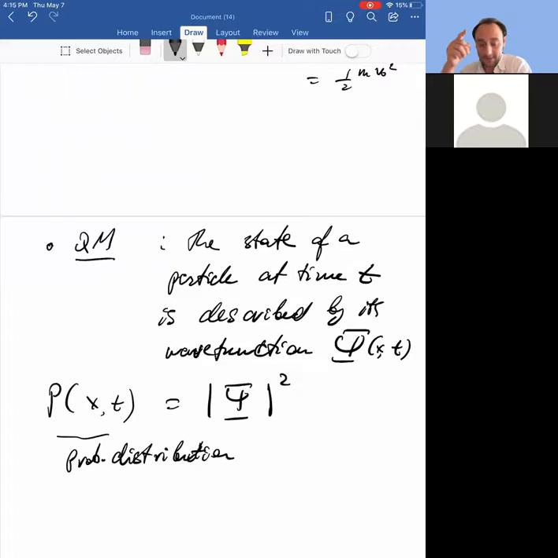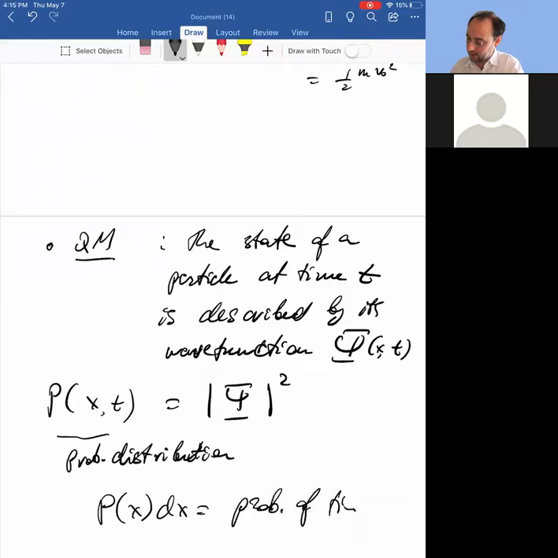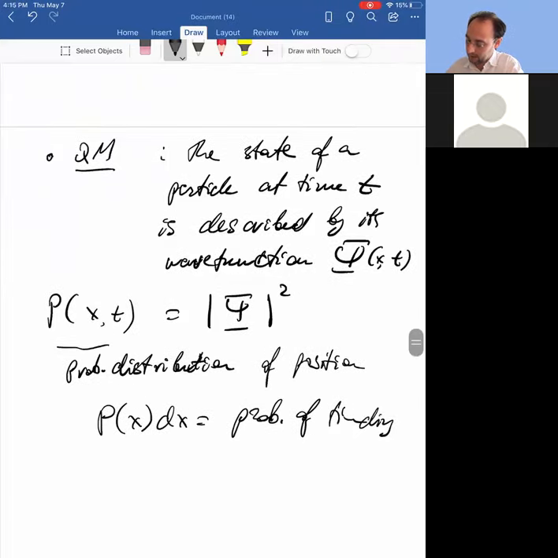And we just discussed that to turn it into a probability, you have to multiply that distribution by dx. So P of x dx equals the probability of finding the particle within dx of x at time t, right?